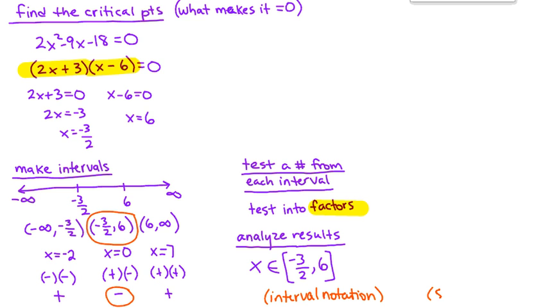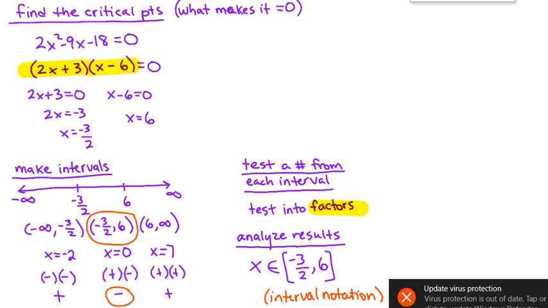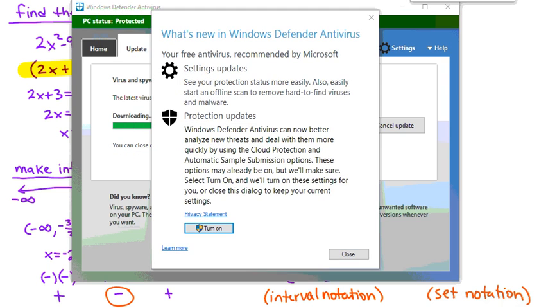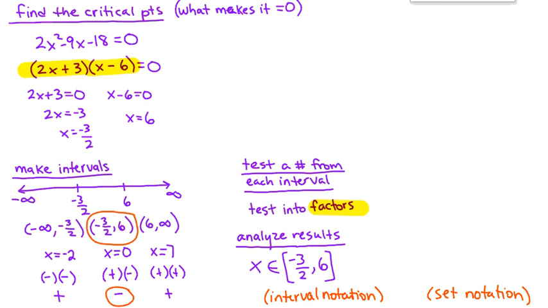Set notation, which would be equivalent, would say x is between, so put the lower number first, -3/2 is less than or equal to x is less than or equal to 6. That answer is equivalent, it's just a different notation.